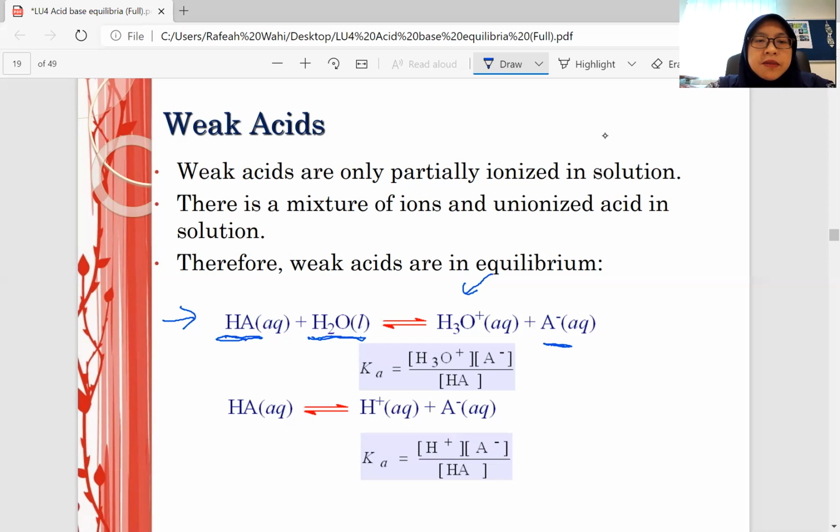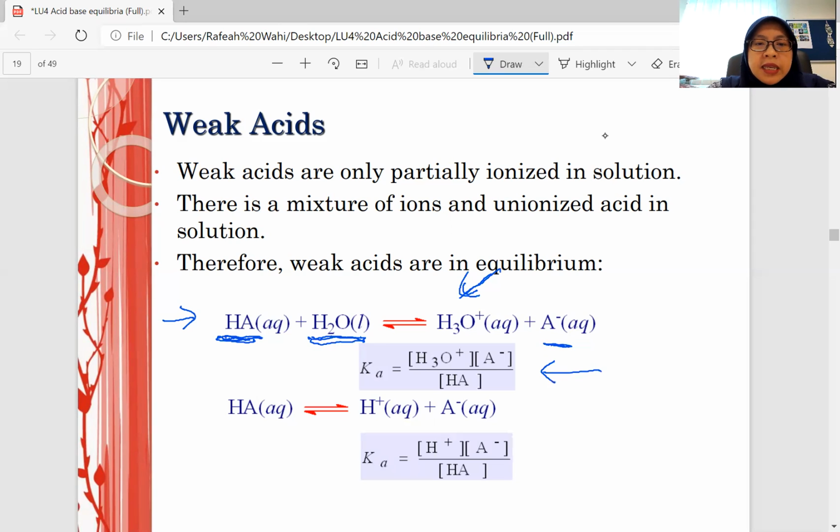So in this case, let's say we represent the weak acid as HA, dissociating in water, H2O. The products would be the H plus ion, or the hydronium ion, plus the conjugate base. In all weak acid cases, we have Ka equal to the concentration of hydronium ion, or concentration of H plus ion, times the concentration of the conjugate base, divided by the concentration of the initial acid.